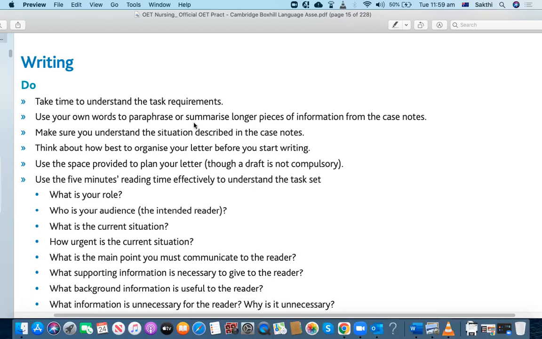Okay. So what we have to do, why we should not copy and paste all the information from the case notes, why it is really necessary to summarize. Well, the first reason is that you should not include all the words from the case notes in your letter.